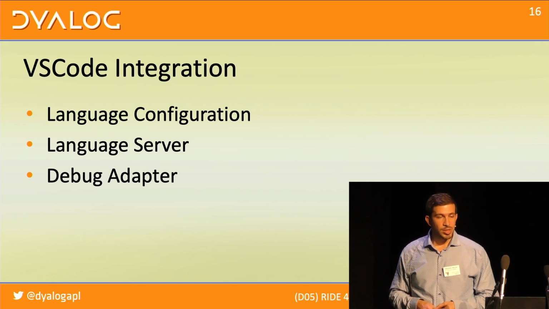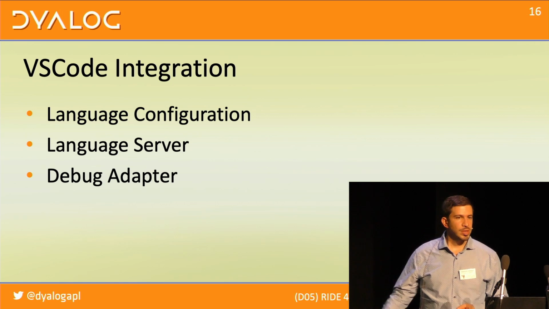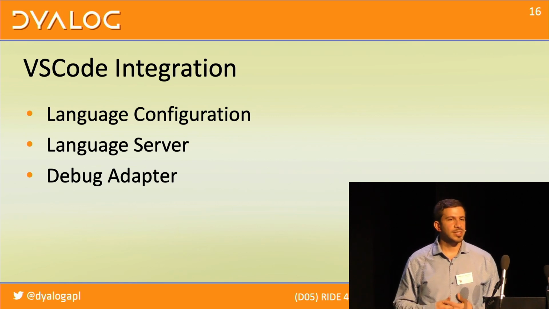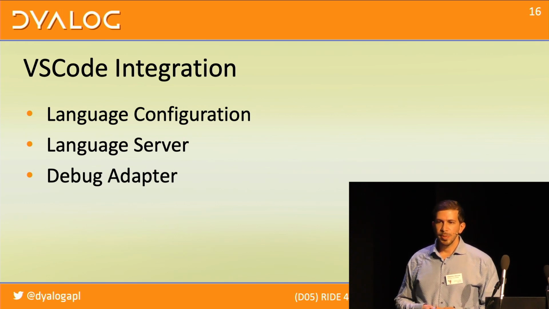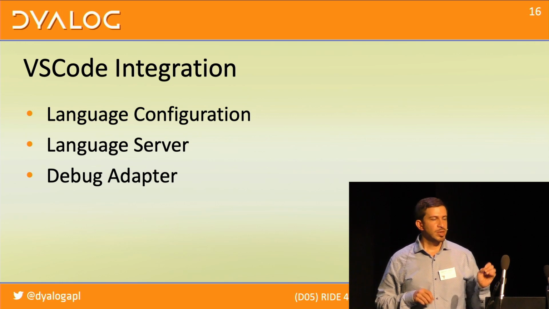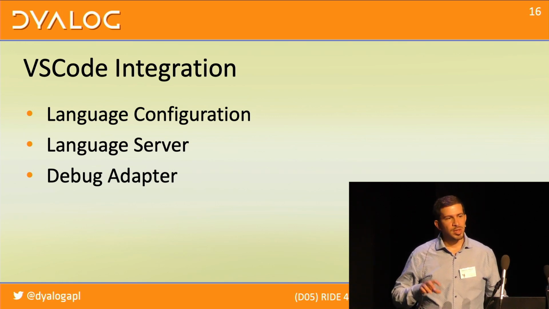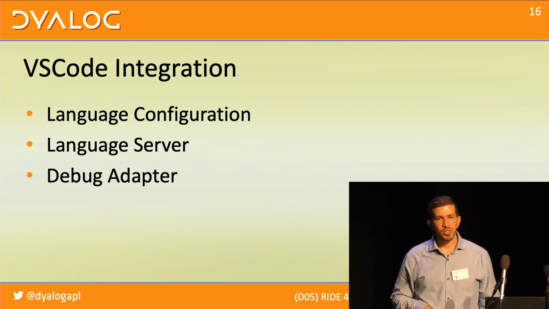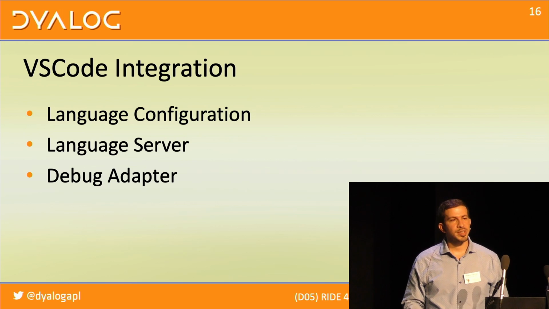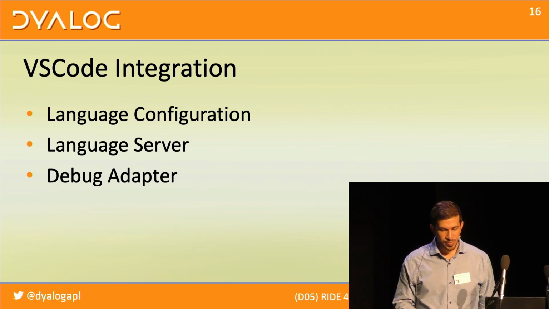The first one is a language configuration, which is contributing a grammar to do syntax highlighting, for example, snippets and file association, just simply associating an extension with a specific programming language, or by scanning the content of a document and, using regular expressions, identifying which language it contains.